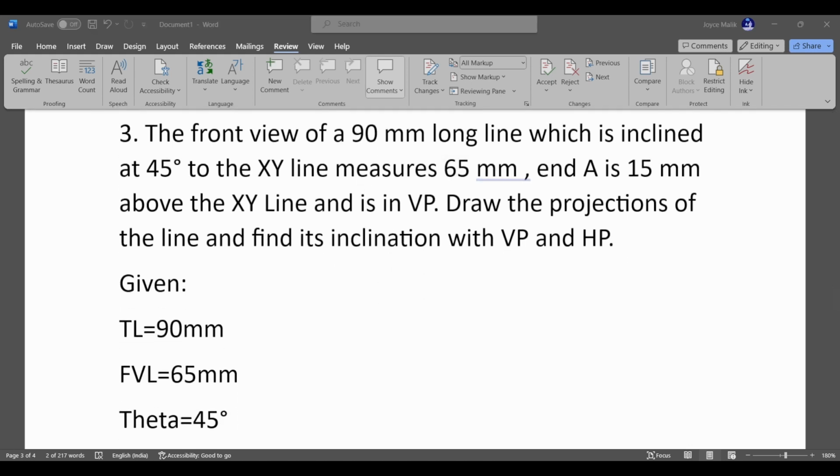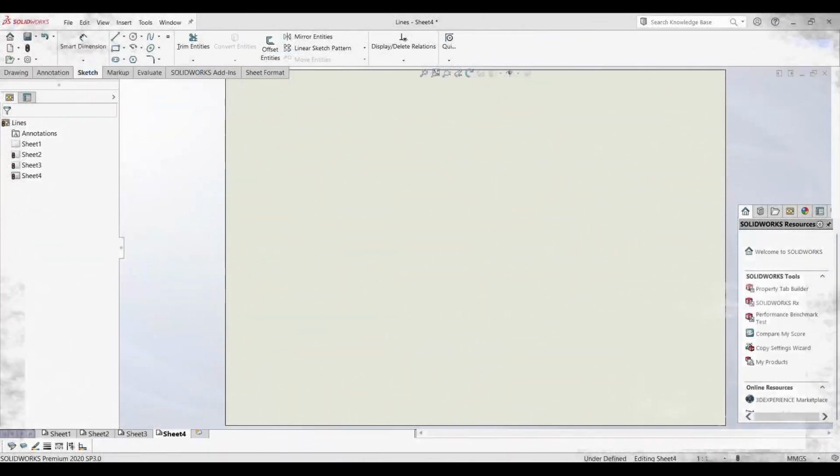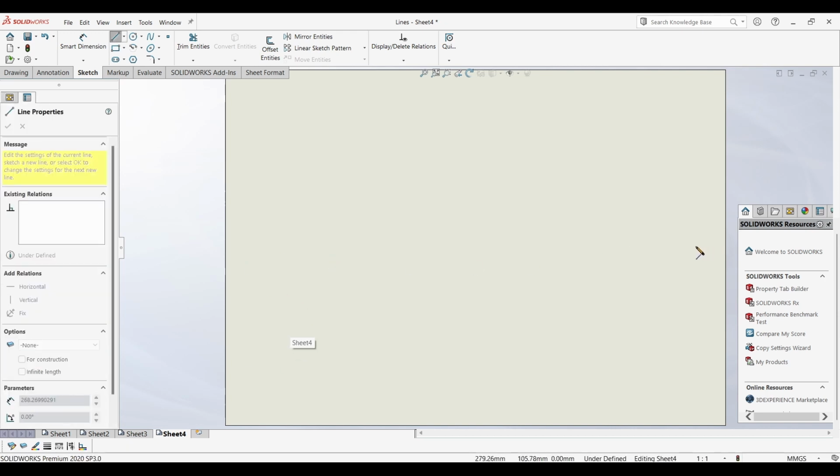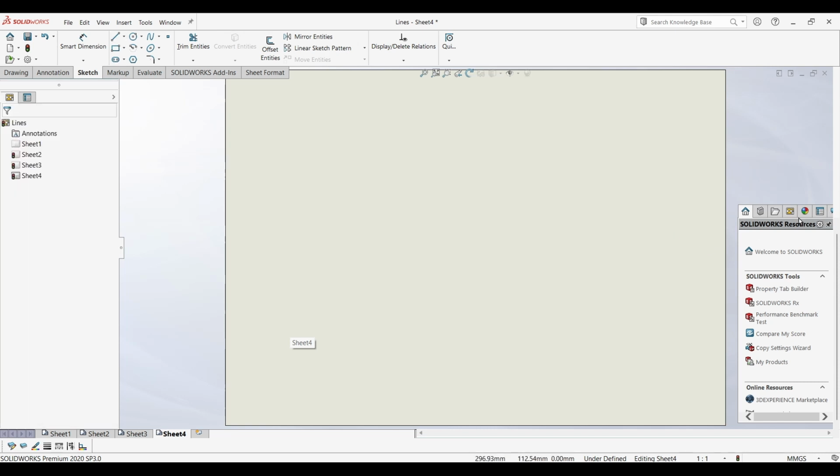Let us do this in SolidWorks. As usual, we start with the XY line.